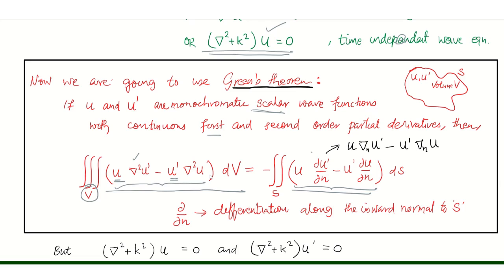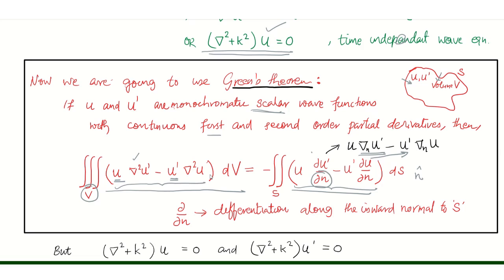Now here we have used dou by dou n, where n is a unit vector, the inward unit vector, which is perpendicular to the surface at all points. At each point you have to take the normal component of the gradient. That is what is meant by these two equations.